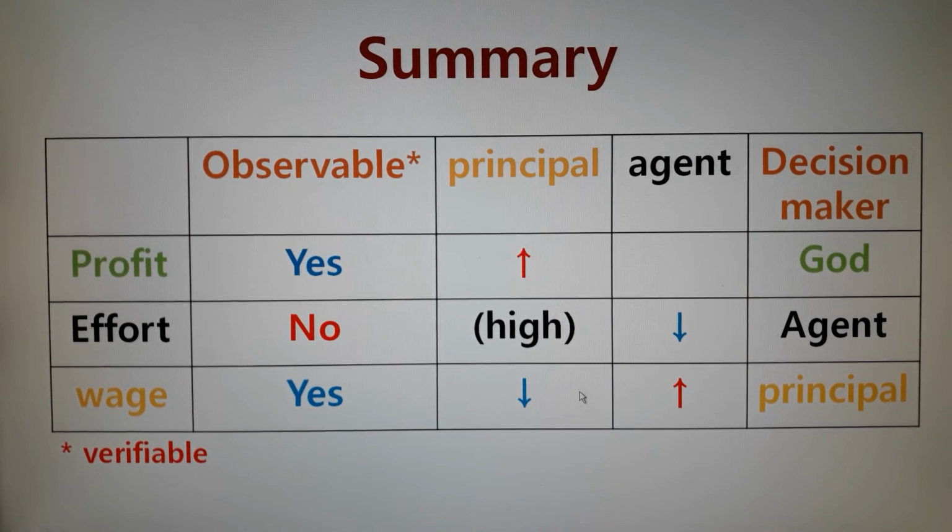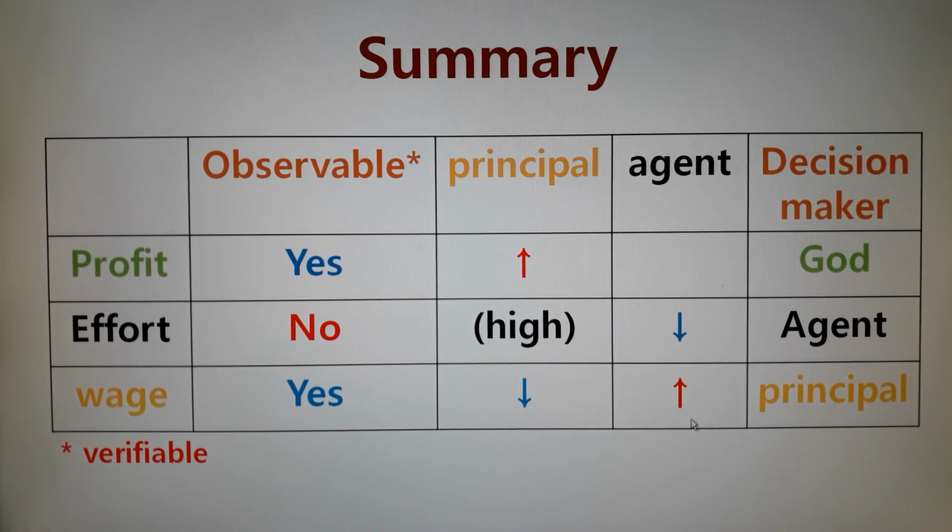The principal wants the wage to be low. That's one way. Like, how can your profit be high? The profit is like the sales, okay? And you want to sell more, but you want to pay less for the wage. That way you can make money.